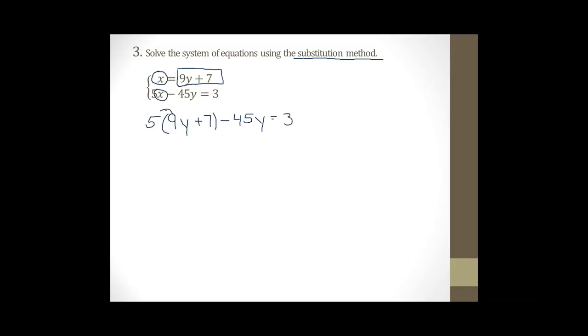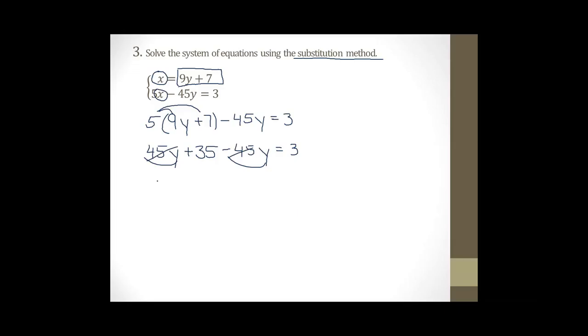All right, using the distributive property to get rid of the parentheses, 5 times 9y is 45y, and 5 times 7 is positive 35. Minus 45y is equal to 3. So right here, combining like terms, 45y minus 45y cancels out or equals 0.